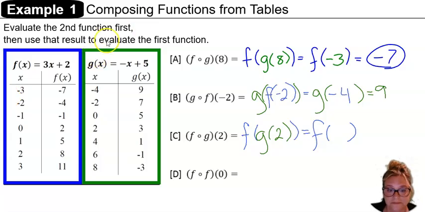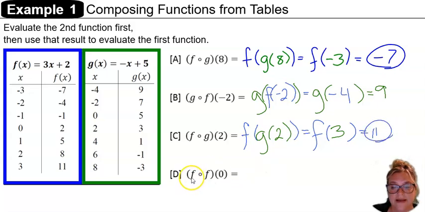We come to the x column in the function g and look for positive 2. Slide across, there's the output 3. So we're evaluating now f of 3. We find the 3 in the x column of the function f, slide across, and the output is 11.